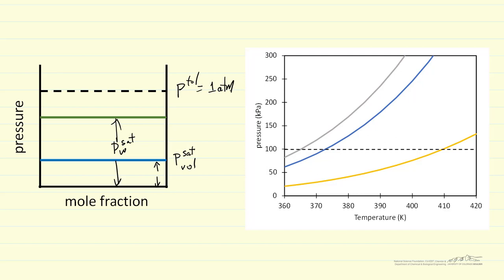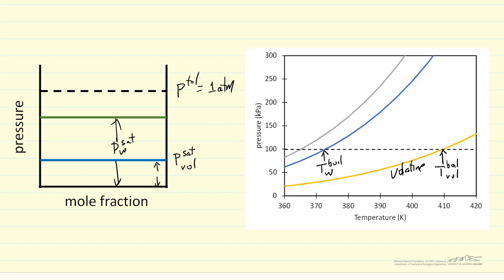We can look at that on a pressure-temperature diagram. This represents the volatile component, and its normal boiling point is very high. Here's the normal boiling point of water at 1 atmosphere, 373 Kelvin.